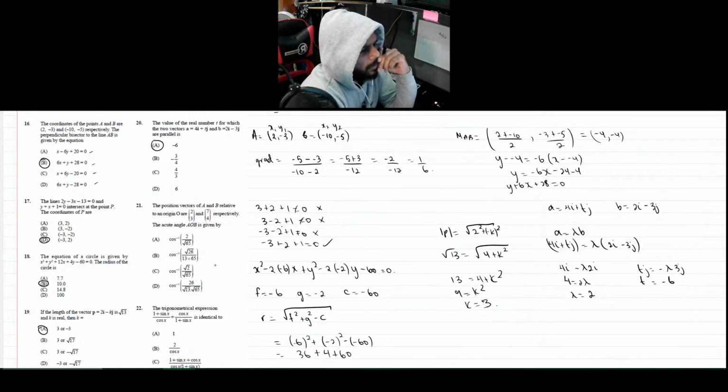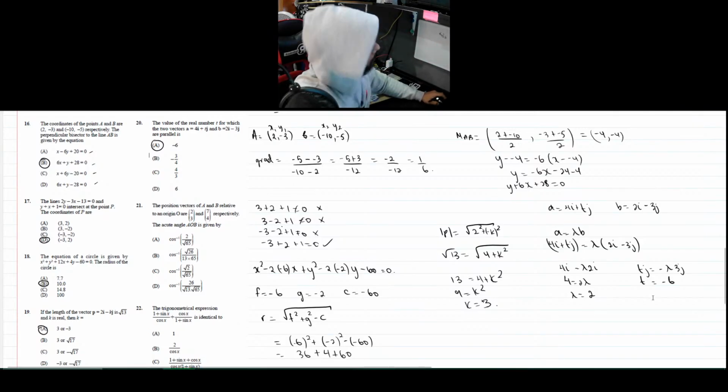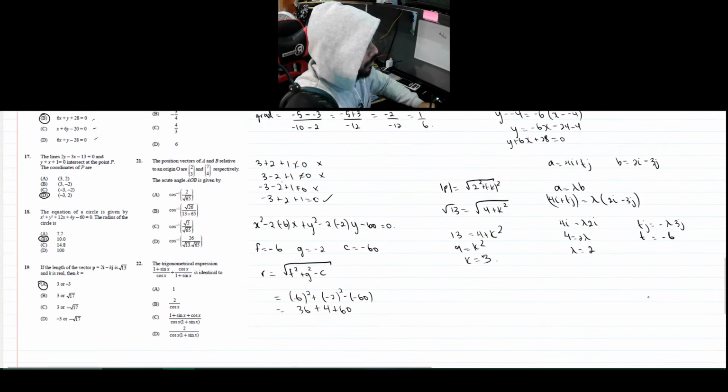The position vectors A and B, the acute angle AOB is given by, right, A dot B is equal to mod A mod B cos theta. So A dot B over mod A mod B is equal to cosine theta.